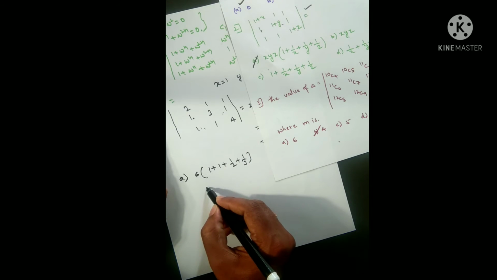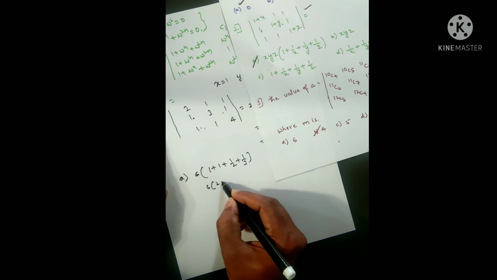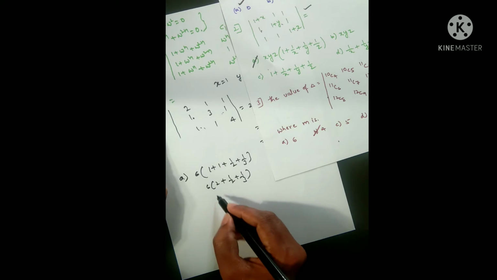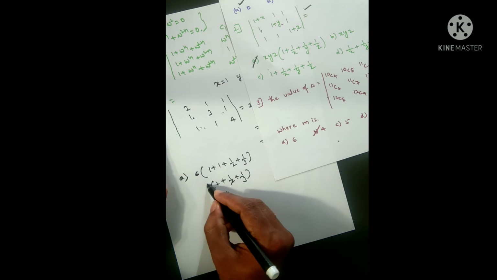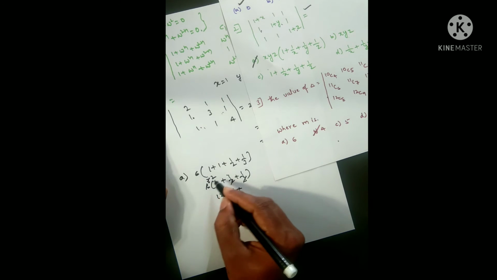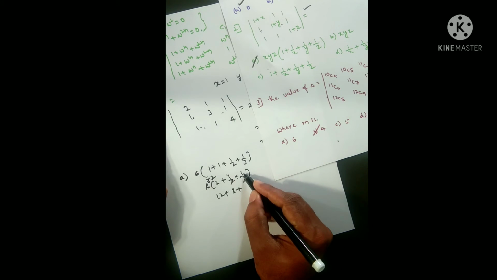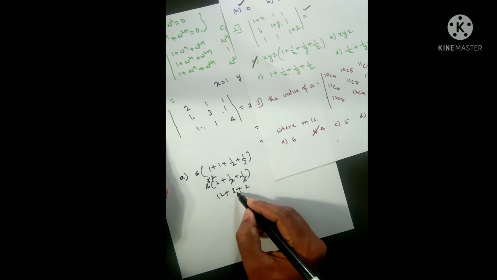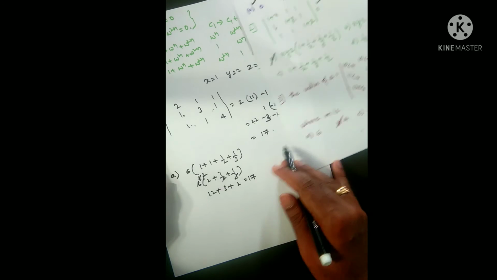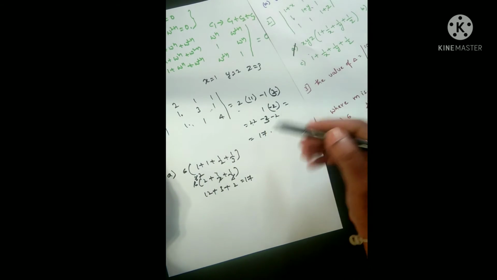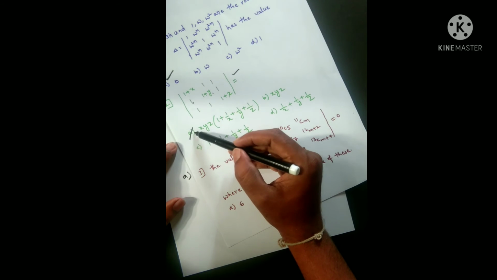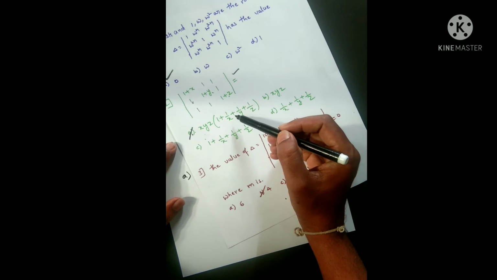I will multiply by 6: 6 into 2 is 12, plus 2 into 1 is 2, 3 into 1 is 3, plus 3 into 1 is 3, 2 into 1 is 2, that is 12 plus 3 is 15, 15 plus 2 is 17. Then the first equation is satisfying, both the values are equal. Therefore which option is right? The first option is the right one.